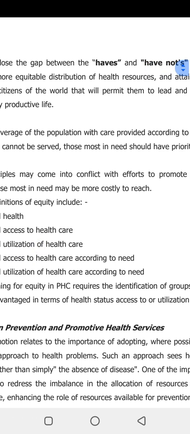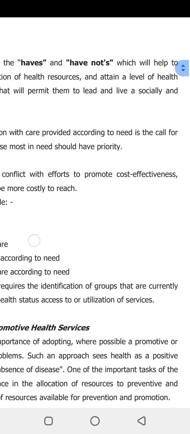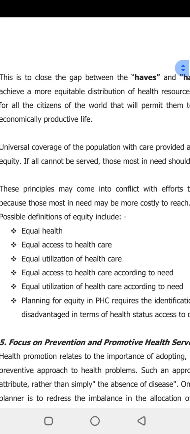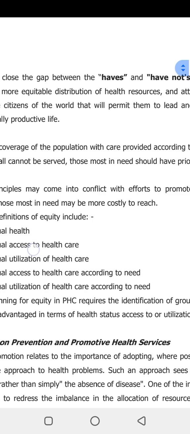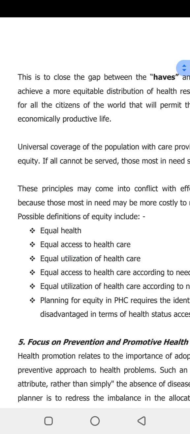Universal coverage of the population with care provided according to the need is the call for equity. If all cannot be served, those most in need should have priority.